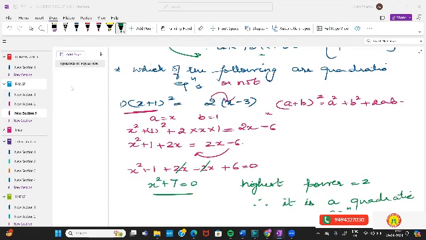And one worksheet I have shared yesterday, linear equations in two variables. Have you seen, children? Yes, ma'am. So kindly solve that worksheet side by side, beta. Whether you are solving one or two questions, but do it. Okay? Okay, ma'am.